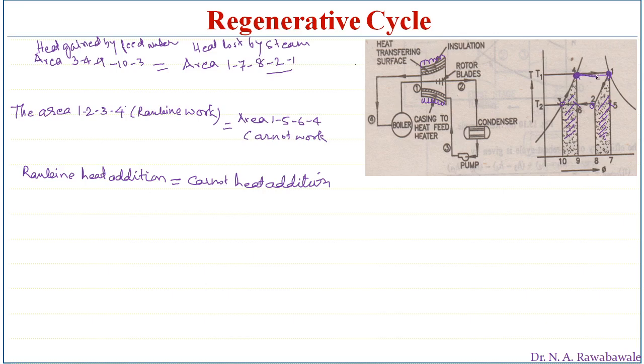Therefore the amount of heat supplied is the area below the line 4 1, the area 1 7 9 4, which gives us the heat supplied. Therefore work done as well as heat supplied is approximately the same.